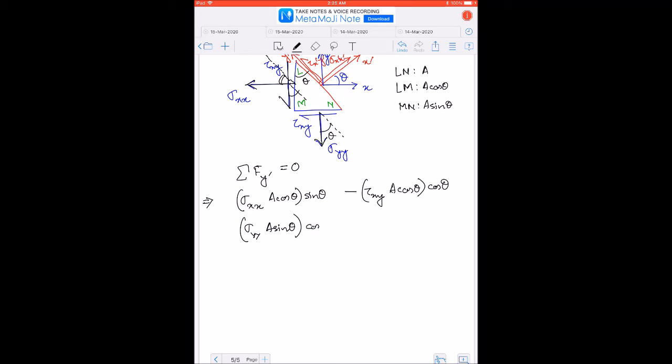So that is cos theta, but this is along the negative y dash direction, so this is with a minus sign.